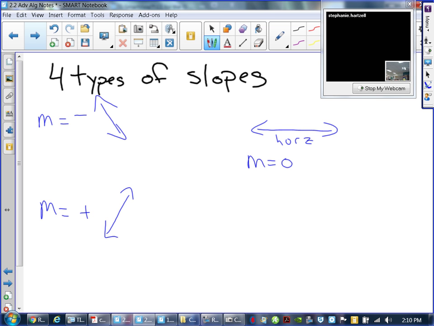Very good. The reason why it's undefined is because if the value of x is staying constant, that means it never changes. So if your value of x in a slope equation is 3, what's 3 minus 3 always going to be? 0. Can you ever divide by 0? No. That's why you get an undefined slope.